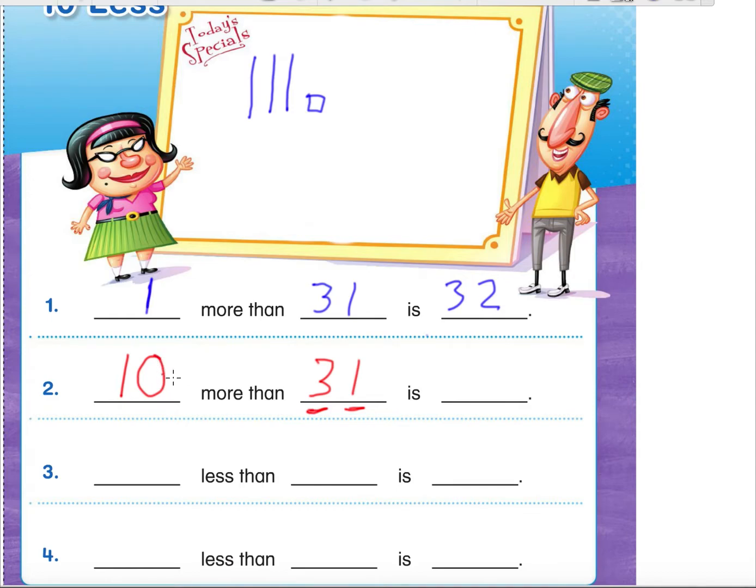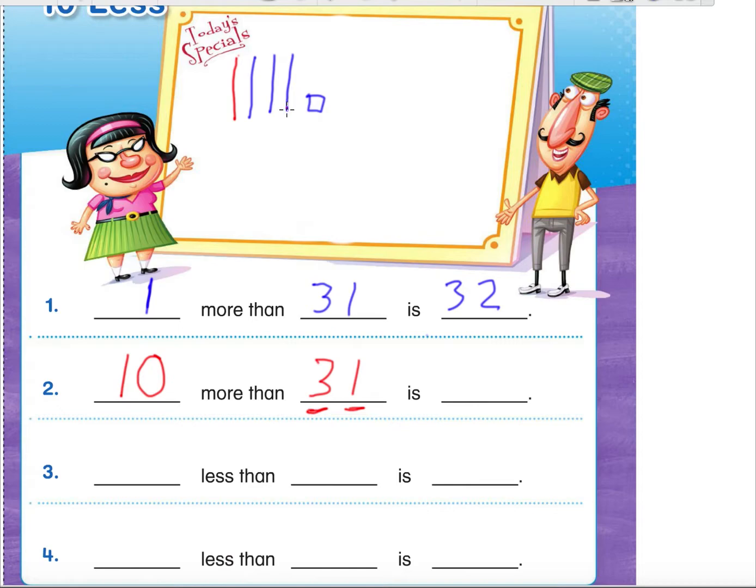Remember, 0 can't make this 1 change, right? They're both in the ones house. But the 3 and the 1 will make each other change. So we can actually add another, and since this is a 10, we can add another set of 10 to our picture. And now we can count by tens, right? We know how to do that. 10, 20, 30, 40.